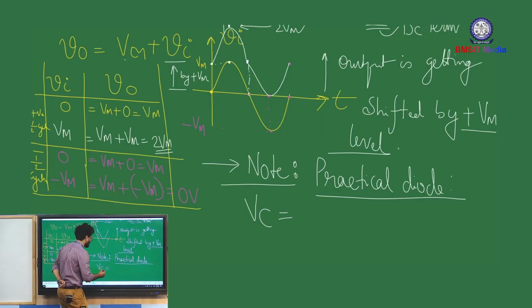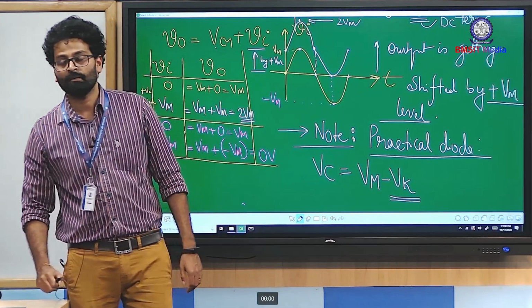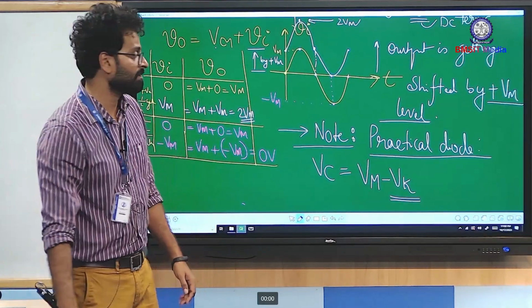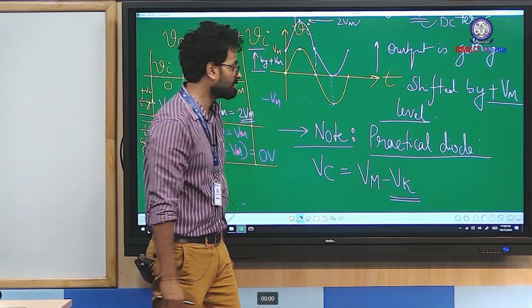In case of practical diode, the barrier potential will limit the charging voltage to Vm minus Vk value. So you have to bring Vk into the picture. So the charging voltage is not Vm, instead it is Vm minus Vk.